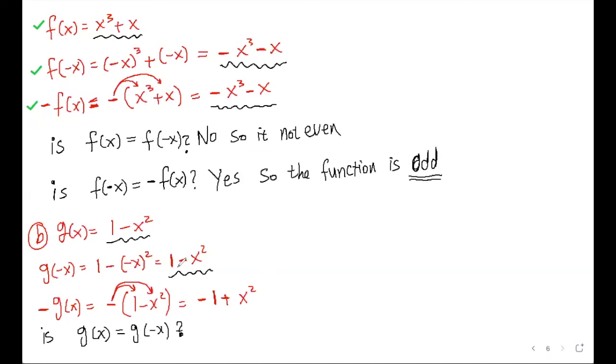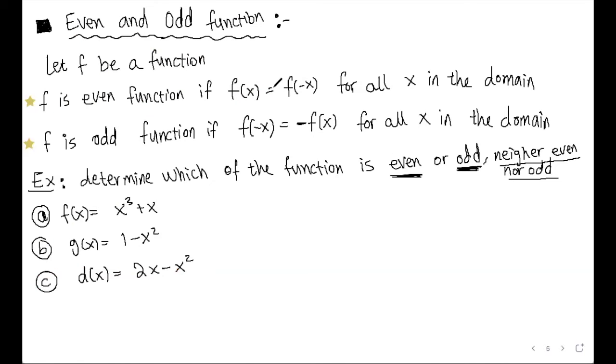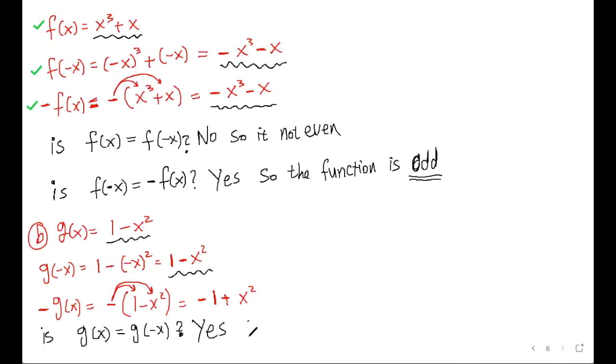This function and this function are equal, so the answer is yes. This means, going back, f of x equal f of minus x, the function is even. We don't have to check the second condition for odd because the function is already satisfied to be even. So done.